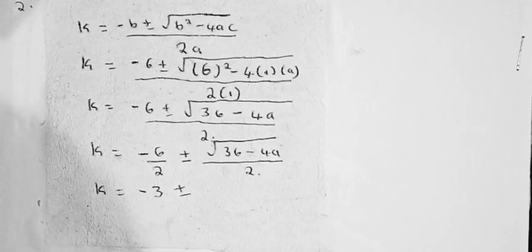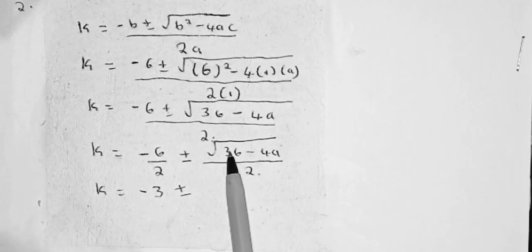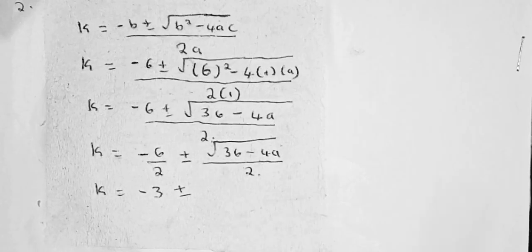So what's next? 36 divided by 4, you get a 9. And then 9 times 3 is equal to 18. We want the answer that will give us the 36.